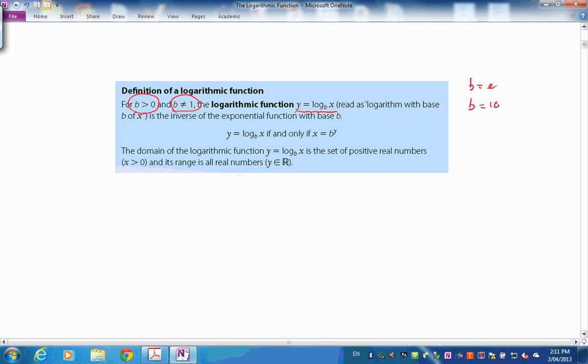So therefore, if we have that, we can interpret that in an exponential way by saying if y is the log of something, log to the base b of x, then y is what? Log is a power. So y is the power you raise b to get x.